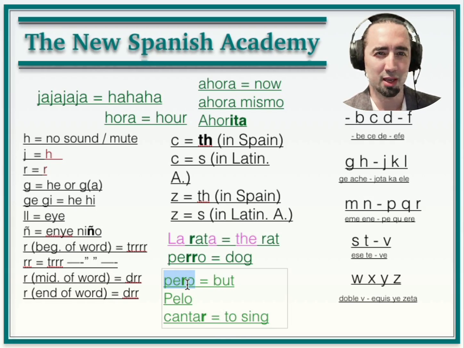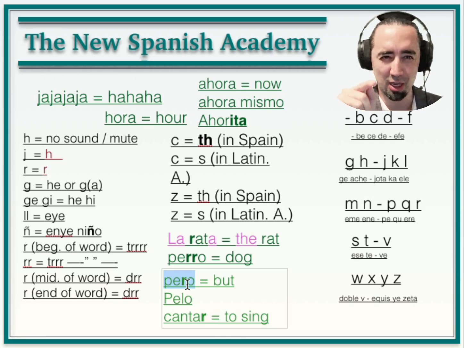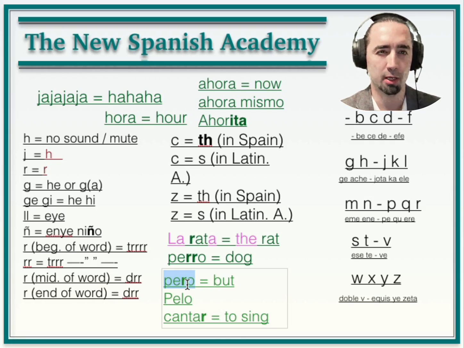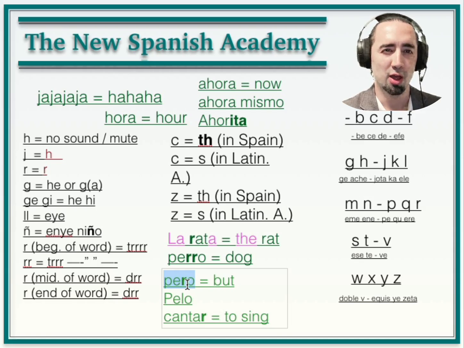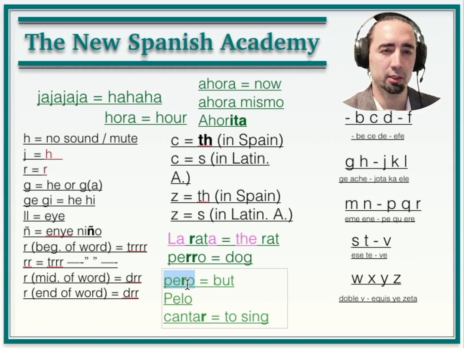Now, instead of making that mistake, use something you already have in your pocket. What do I mean? When you say that little car, the double T or the TL, little, that's actually the R, the sound we're looking for.